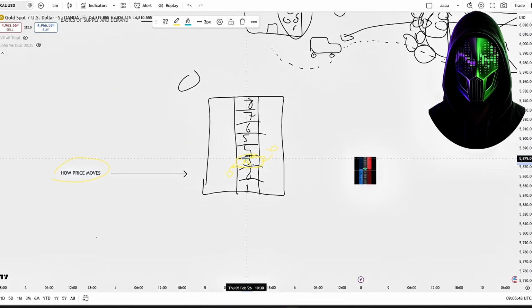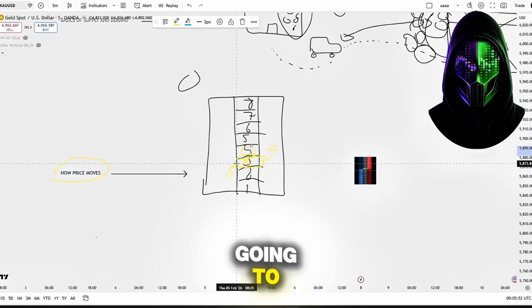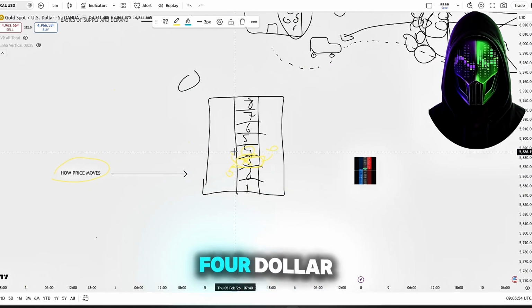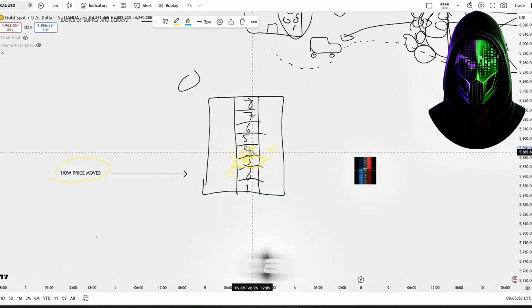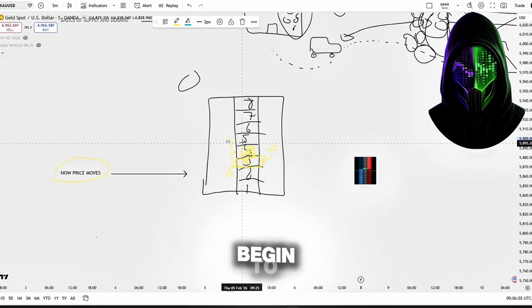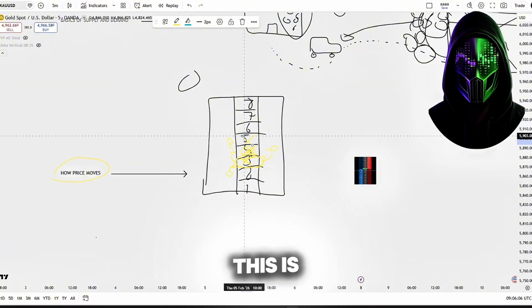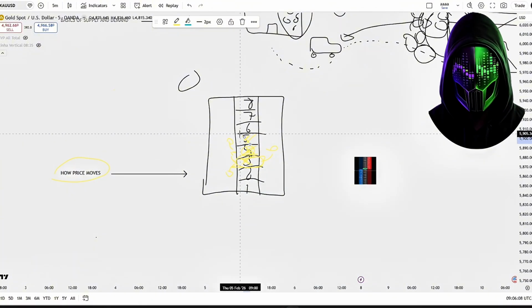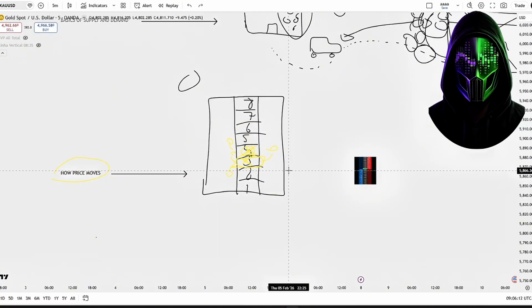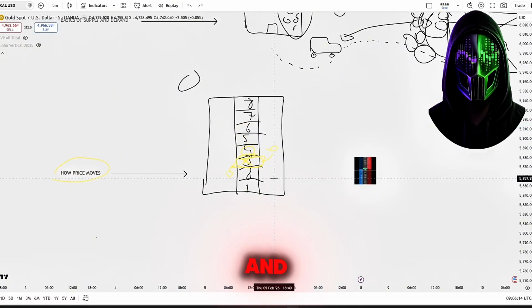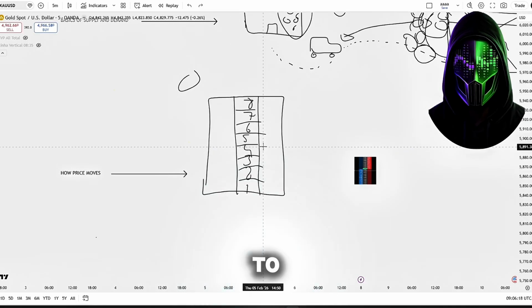And then you have only the $4 potatoes, and people are going to start to pay $4 for the potatoes, right? If these $4 potatoes are over, we will begin to pay $5 for the potatoes, okay? And when these $5 potatoes are over, we come to $6 potatoes. That's one, right?